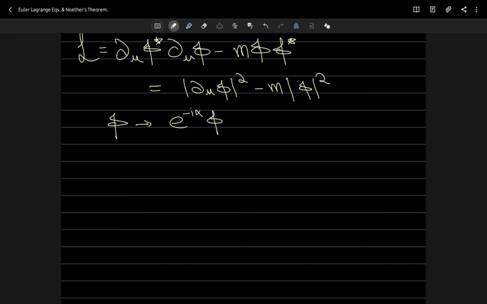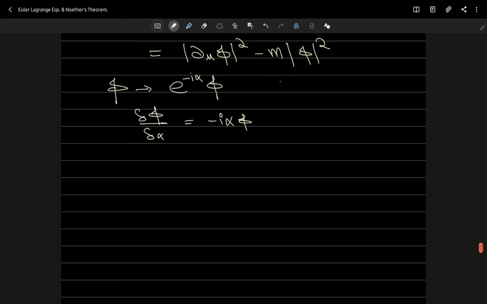Okay, so with this I can write down the change of phi with respect to alpha. It is simply negative iota phi. And I could also have the other field, phi star, that transforms as exponential plus iota alpha phi star. So let's see what the change in phi star with respect to this parameter alpha is.